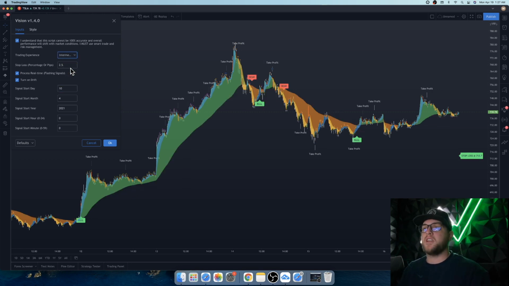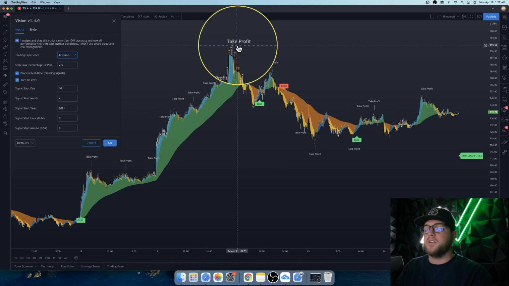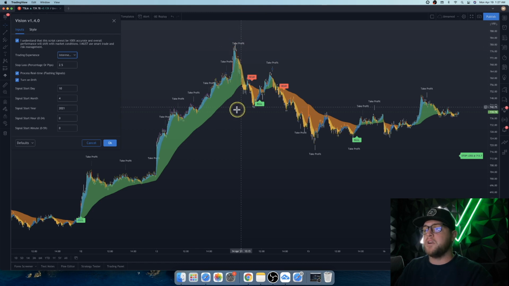Intermediate will bring in a few more trades. You can still see that it rode this entire wave right here on Tesla. This went from the 12th to the 13th, and our final take profit signal up here was on the 14th of April. So even on intermediate, it still had you swinging that position if you got in there at that bullish long position for 2 days.